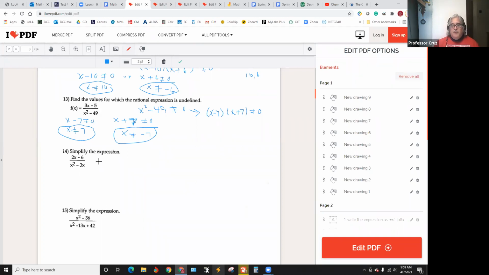All right, so to simplify, just remember, oftentimes, like in 7.1, they had these two things together.